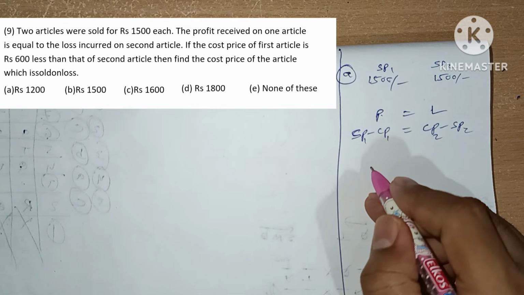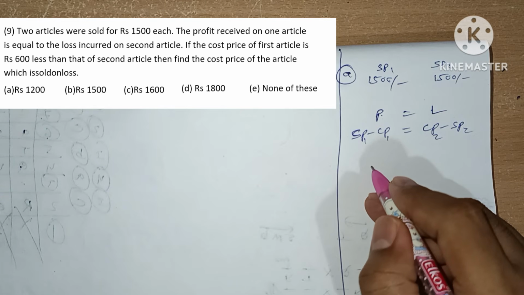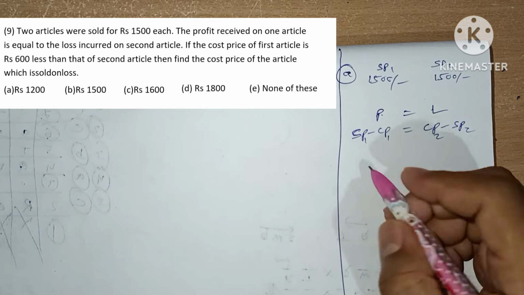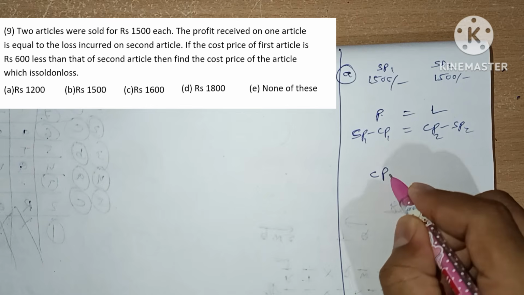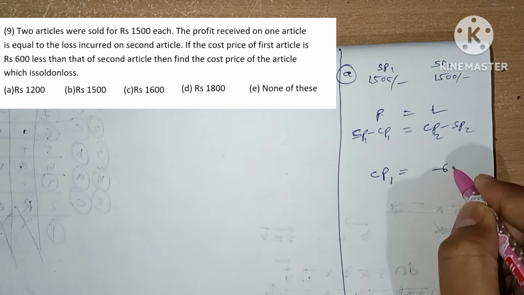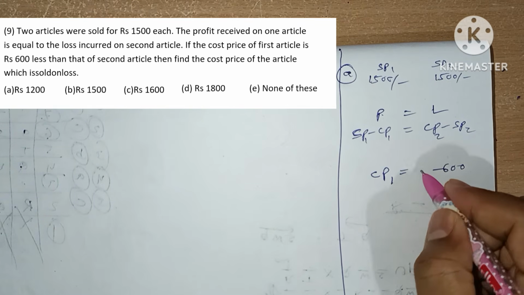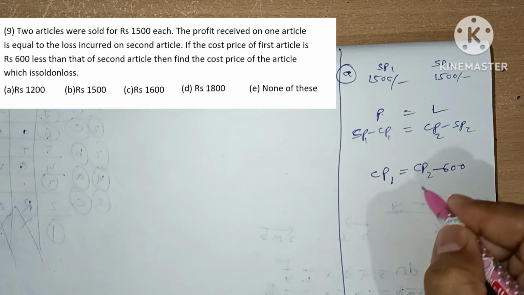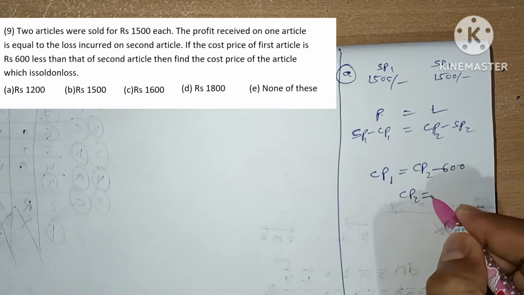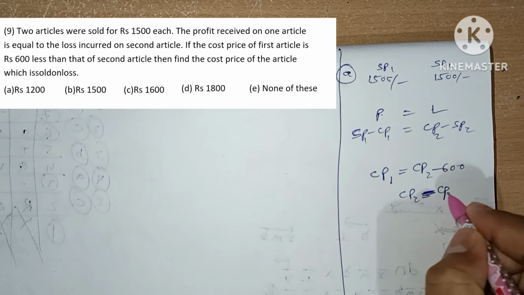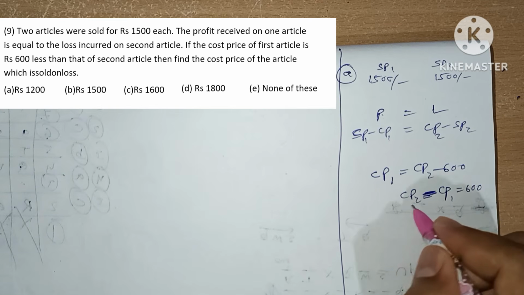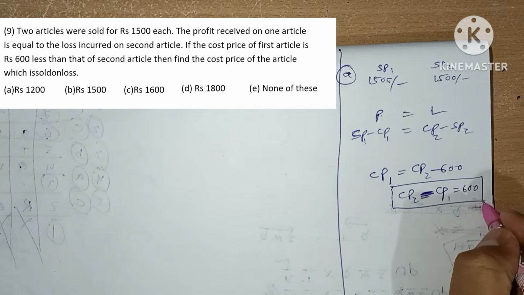If the cost price of the first article is 600 less than the second article, so the cost price of the first article is 600 less than the second article. So it is given like this: CP2 minus CP1, which will be 600. So this is the statement that is given in the question.